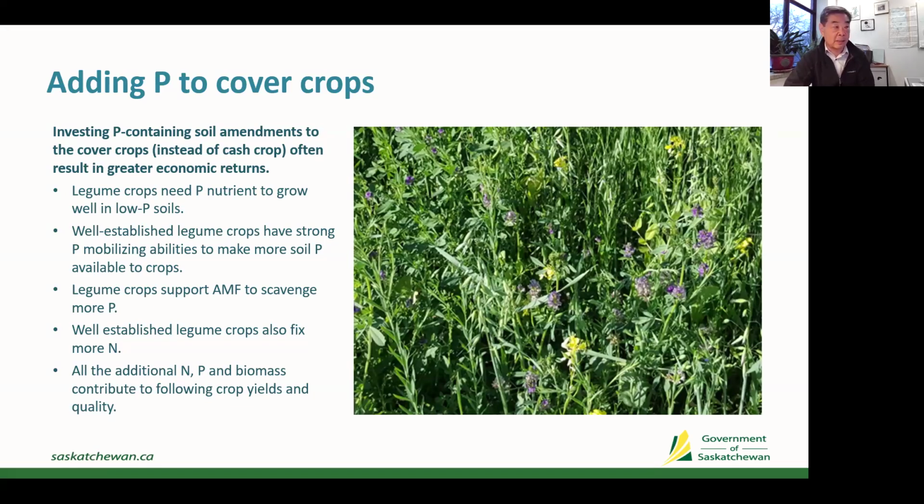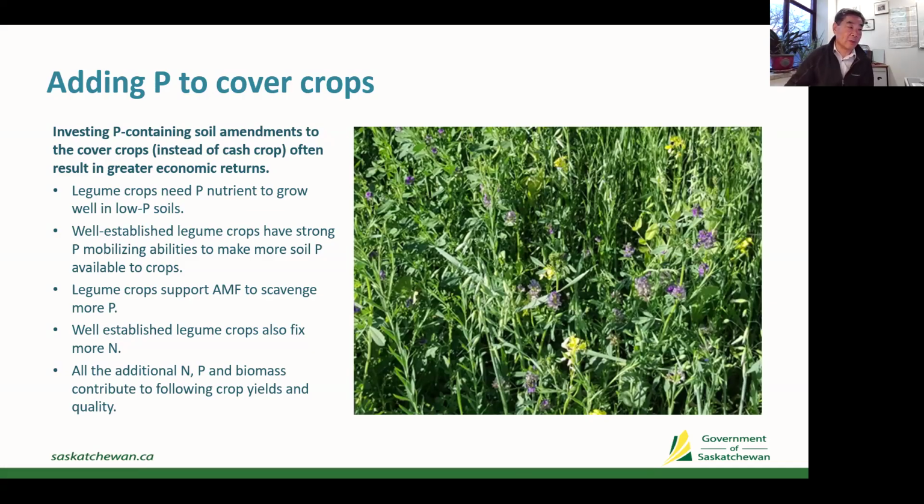If you grow a cover crop that year, the cover crop needs new P to grow better. And a well-established legume crop would have a strong P mobilization ability to make more soil P available to the crop.